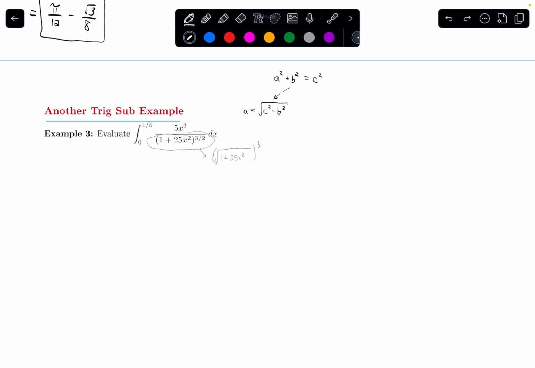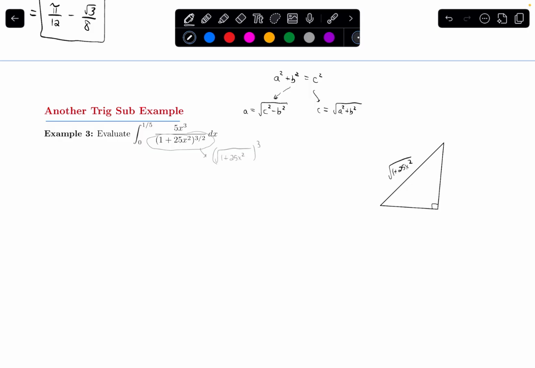Both terms are added, and we get stuff like that if you isolate for the hypotenuse, because c is going to be equal to the square root of a squared plus b squared. So that indicates that now, when we set up our right triangle, let's make the hypotenuse be that square root term that we see: square root of 1 plus 25x squared.